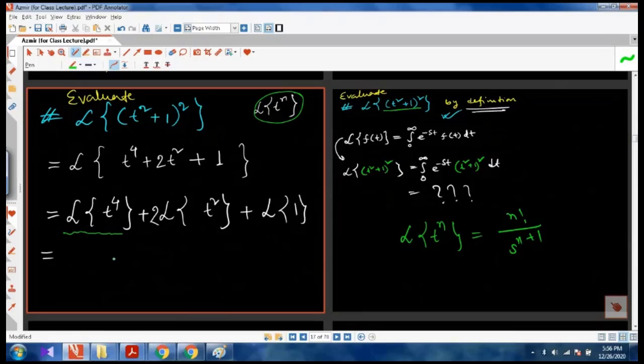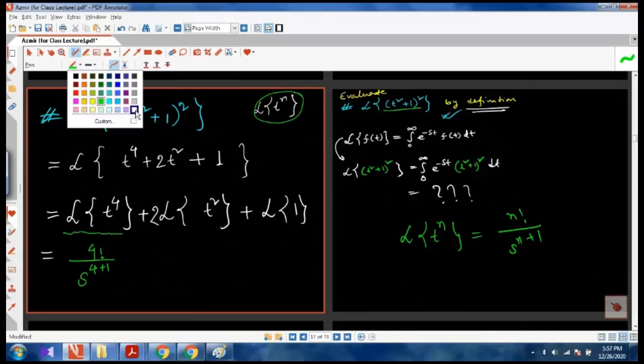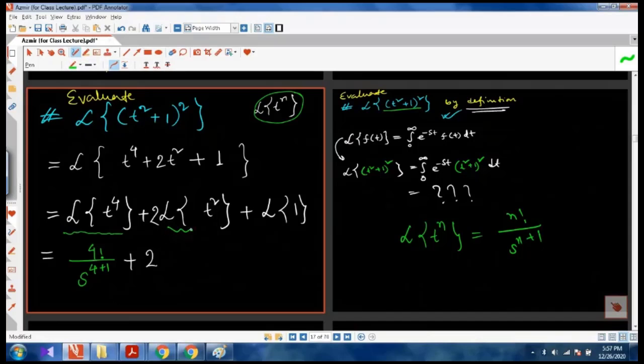It will be 4 factorial over s power 4 plus 1, plus 2 is here.